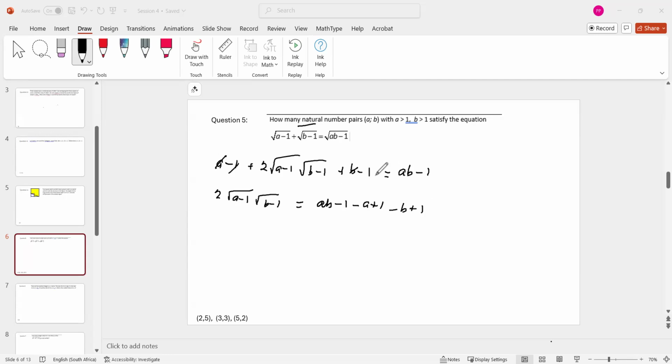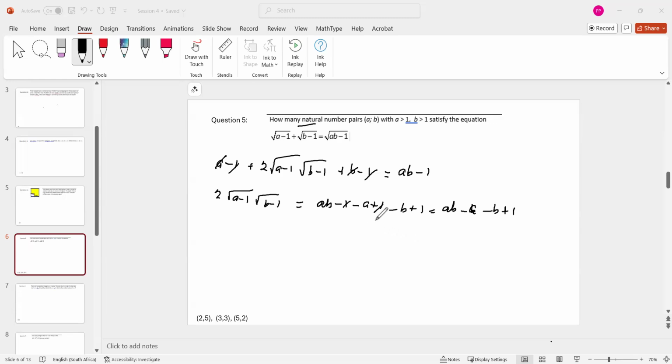I'm bringing this to the other side, changing signs. And then here minus 1 plus 1. So here you have AB minus A minus B plus 1.